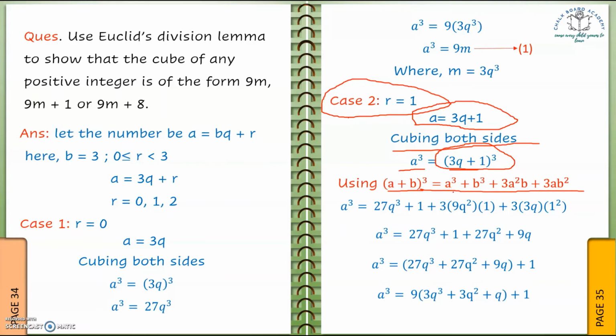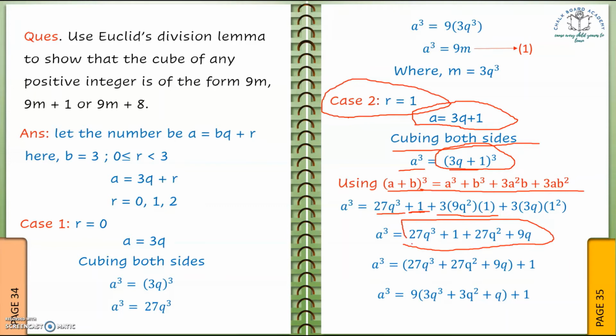So by putting values in this identity we get 27q cube. b was 1, so 1 cube is 1, so plus 1, plus 3 multiplied by 9q square multiplied by 1, plus 3 multiplied by 3q multiplied by 1 square. By solving further we get this equation: 27q cube plus 1 plus 27q square plus 9q.